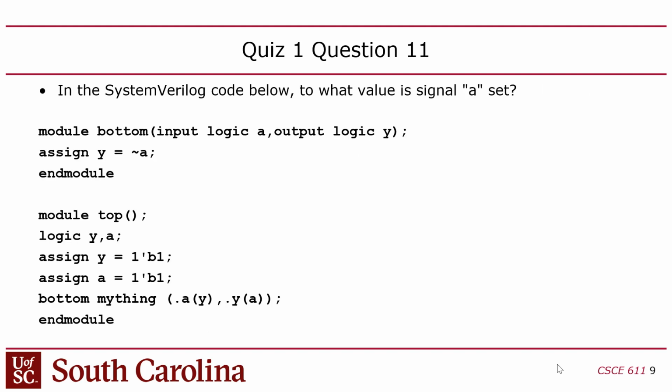Okay. And last question, in the SystemVerilog code below, to what value is signal A set? So in this case, A is set to 1 here.